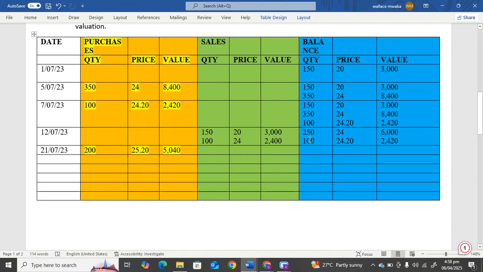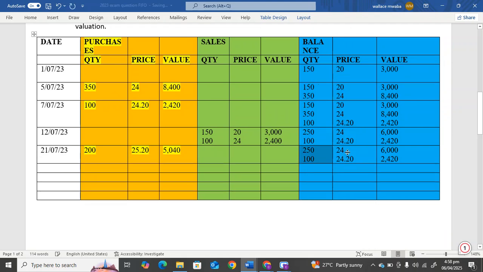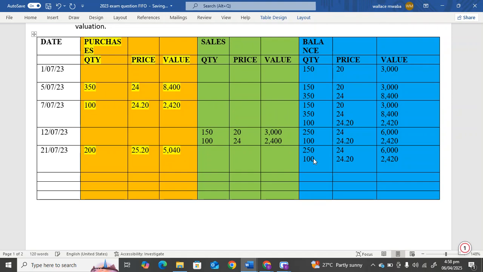So we just add a new layer to our batch here. We brought in 200 goods valued at 25.20, 5,040.